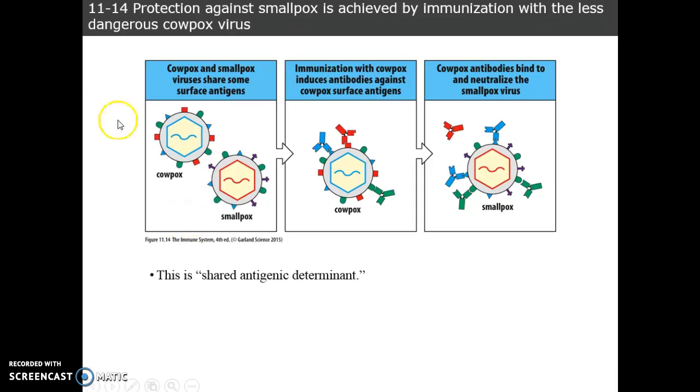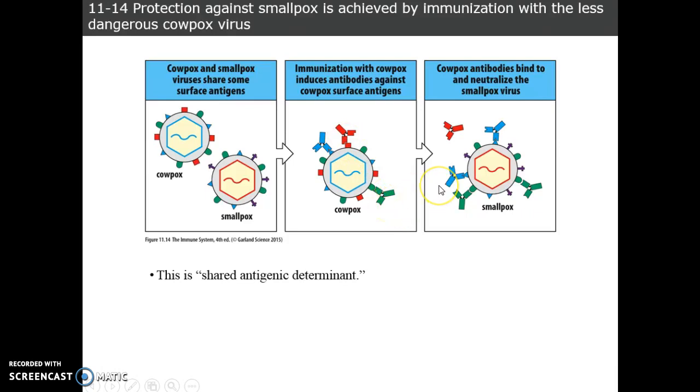All right, so how this works is with the cowpox, you've got the green, red, and blue antigen, and the smallpox virus, because they are closely related, have the blue, the green, and then the black epitope antigen. And so if a person was infected with cowpox, then he or she would make the blue, the red, and the green antibodies.